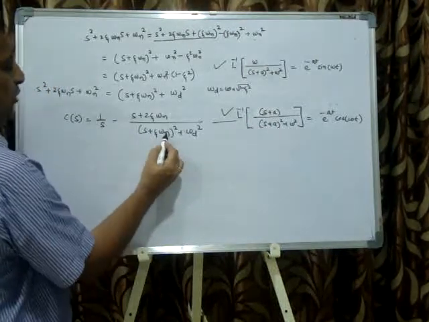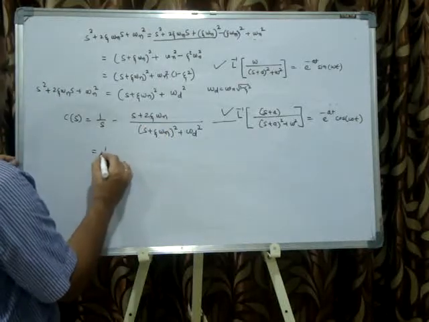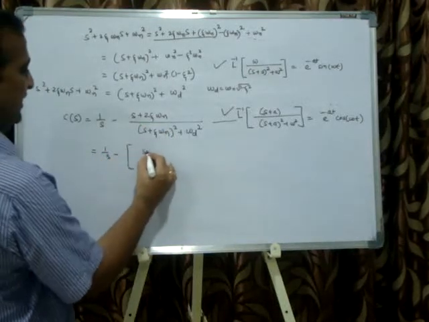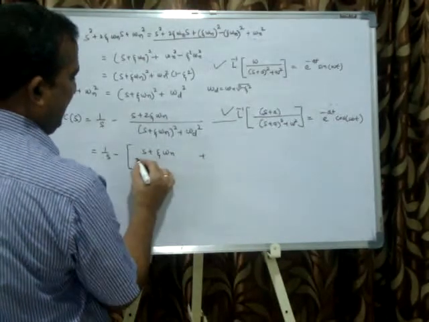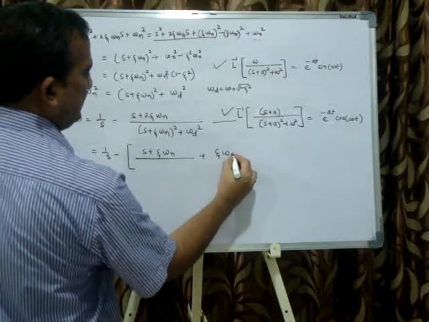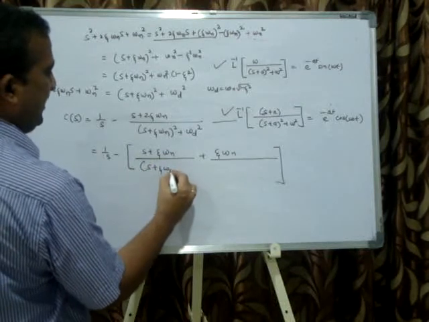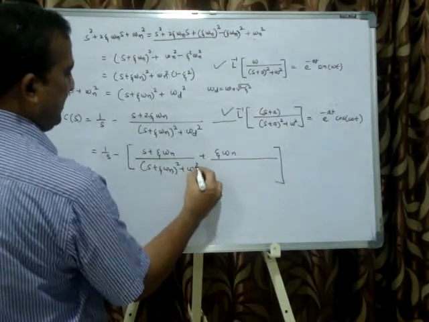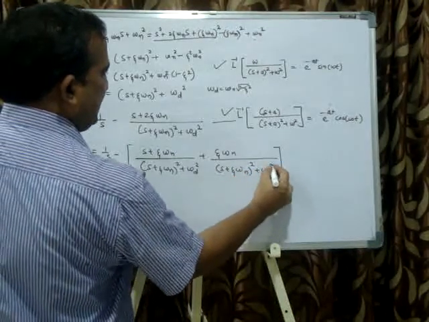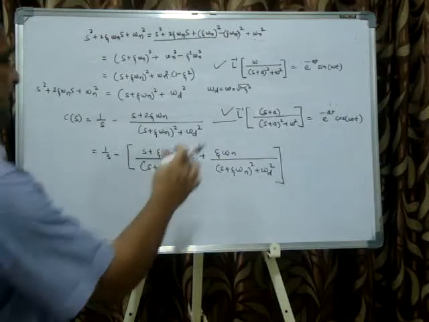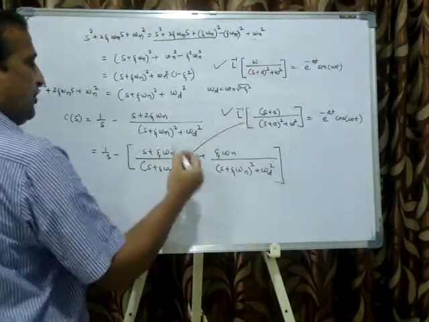Here a is zeta omega n, so I need s plus zeta omega n. So now I will slightly modify it: s plus zeta omega n plus what I will write? Zeta omega n. So now s plus zeta omega n whole square plus omega d square. Is it right? Now exactly this you can correlate with this formula.